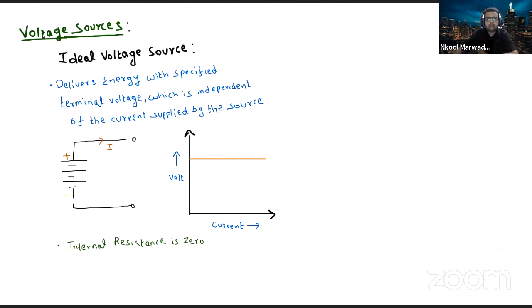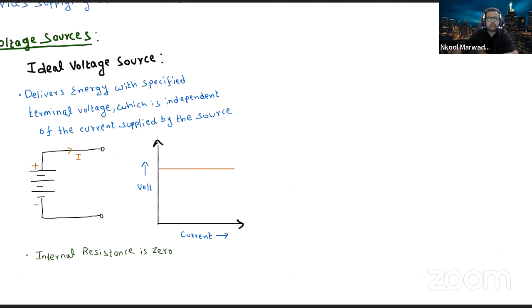So we have something called a practical voltage source, which we use.